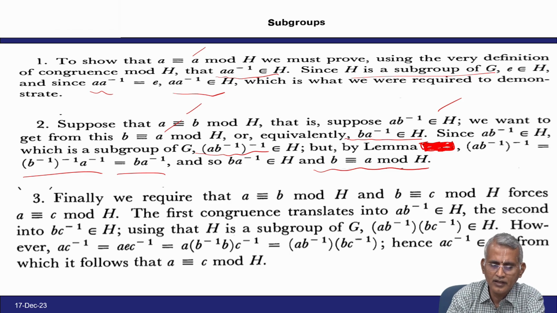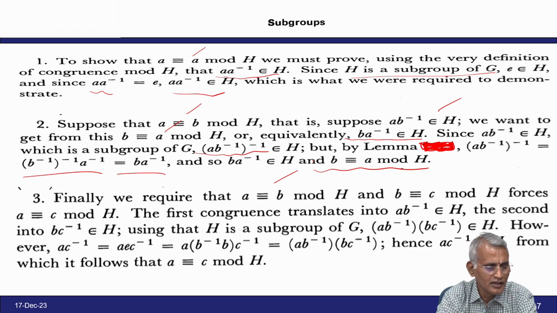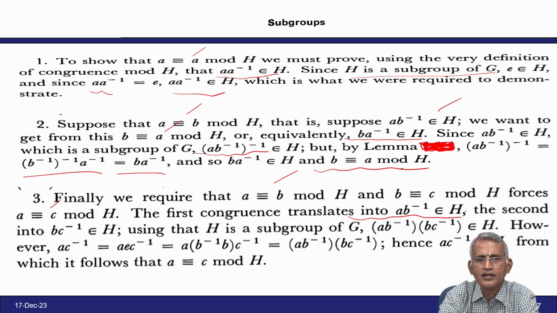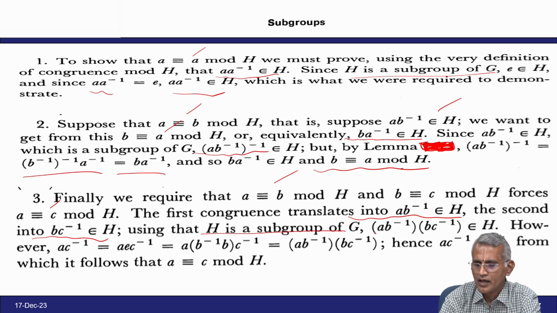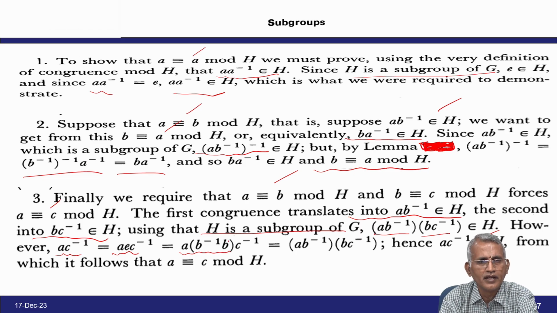Finally, we require that a congruent to b under modulo H and b congruent to c under modulo H forces that a is congruent to c under modulo H. Therefore, the first congruence translates into a b inverse in H, the second into b c inverse in H. Now, H is a subgroup of G, therefore a b inverse into b c inverse is in H. However, a c inverse equals a into e into c inverse, which is equal to a b inverse b c inverse, which is equal to a b inverse into b c inverse.